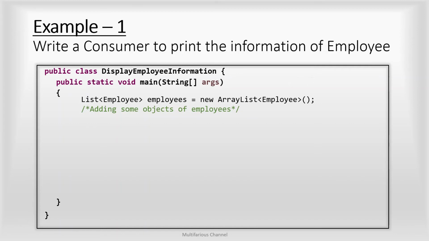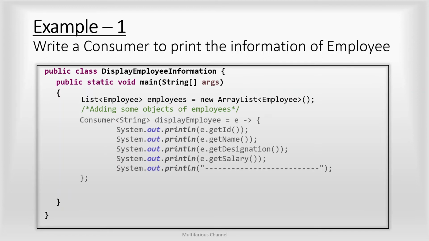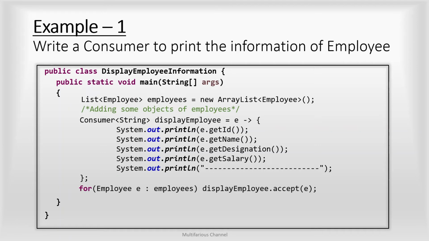I'll add some dummy objects to this list, and now let me write a consumer that will accept the object of employee as the input and print the properties of the employee. So let's write a consumer of employee that takes the employee object and prints the properties onto the console. And lastly, I'll iterate over the list of employees and ask the consumer to accept each one. So let's see this code in action.